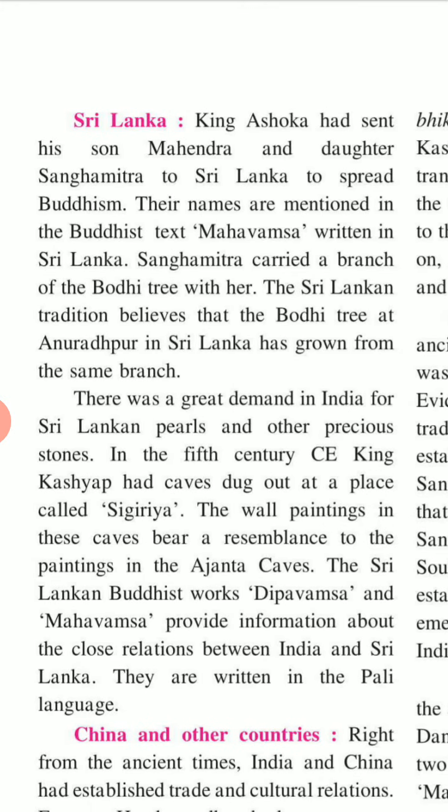King Ashoka had sent his son Mahendra and daughter Sanghamitra to Sri Lanka to spread Buddhism. Their names are mentioned in the Buddhist text Mahavamsa written in Sri Lanka. Sanghamitra carried a branch of Bodhi tree with her. The Sri Lankan tradition believes that the Bodhi tree at Anuradhapura in Sri Lanka has grown from the same branch.